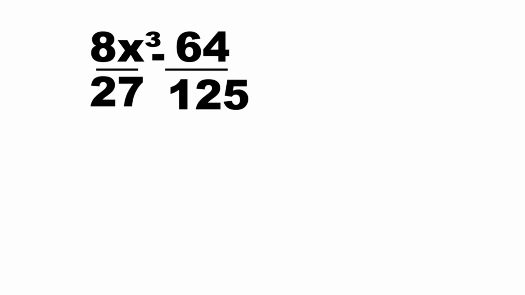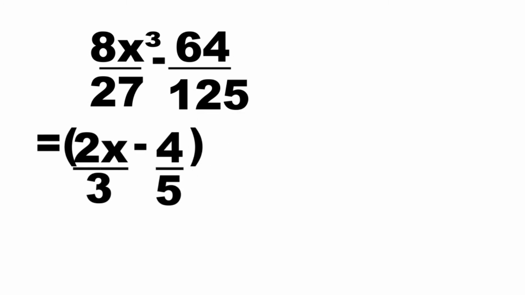So the example is 8x cubed over 27 minus 64 over 125. So the cube root of this one is 2x over 3, and this is 4 over 5. So we have 2x over 3 minus 4 over 5. So this is minus, this is minus. Then square this one.